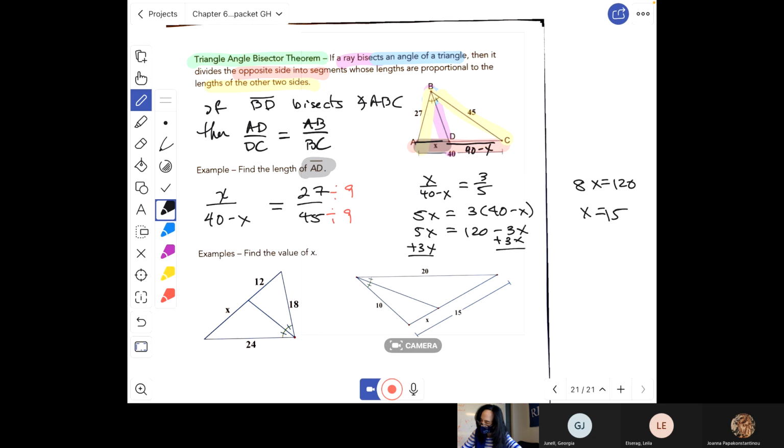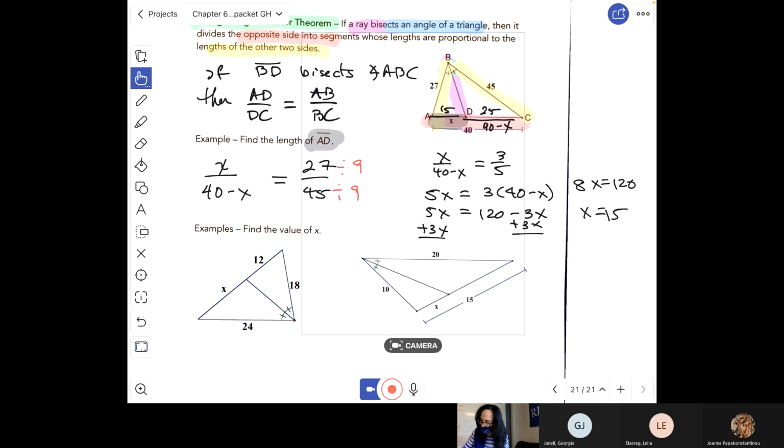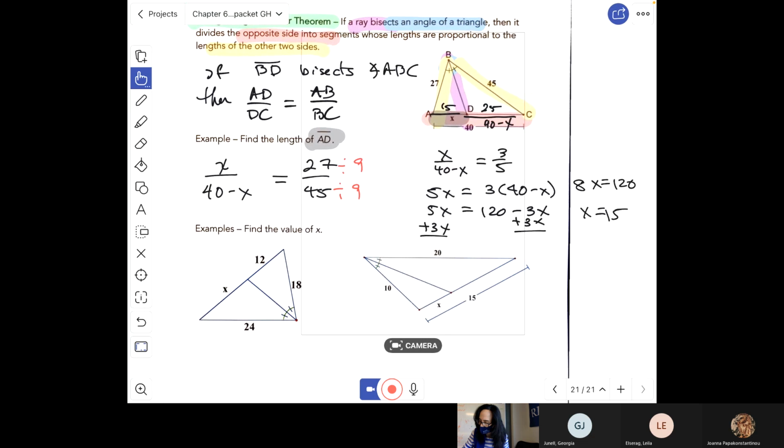So if this is 15, well, I'll put it up here. Then what is DC? Good. And you could have done 27 over X equals 45 over 40 minus X also. 27 over, yes. Yes, yes, yes.